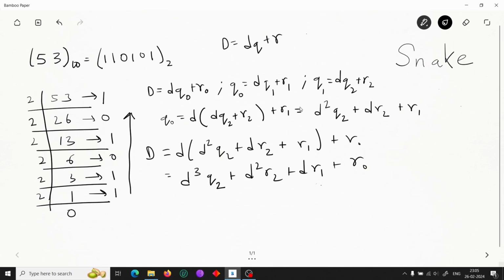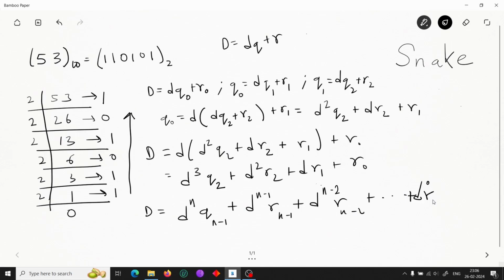Now we have looked into 3 steps, that is why it is this equation, but it can go on for any number of steps. So we'll convert this into a more general form, and the general form would basically look like this: d to the power n times q n minus 1 plus d to the power n minus 1 r n minus 1 plus d to the power n minus 2 r n minus 2 plus dot dot dot plus d to the power 0 r0.